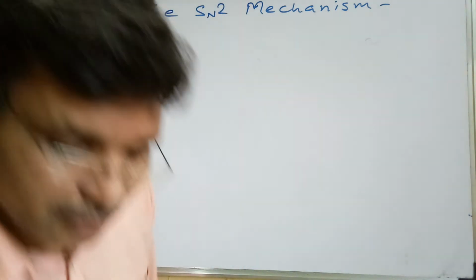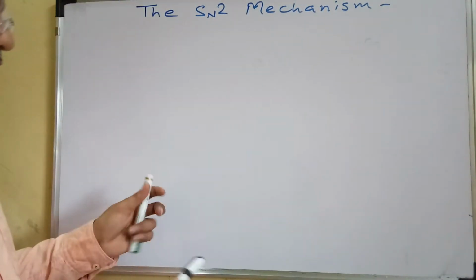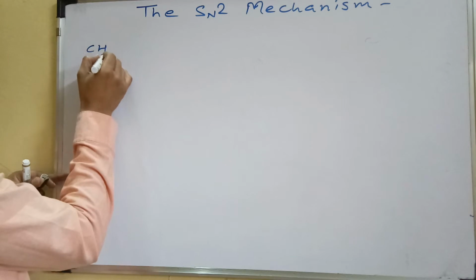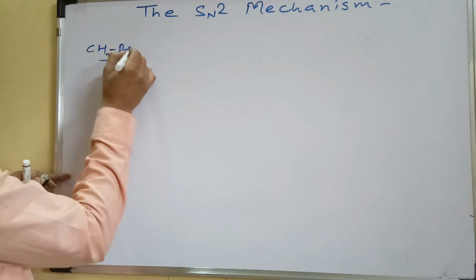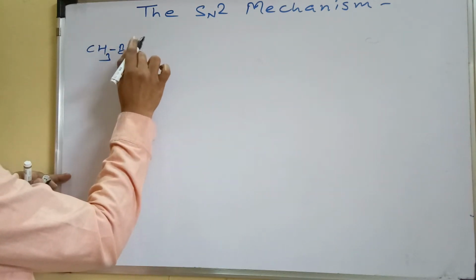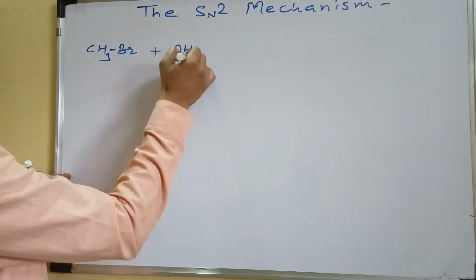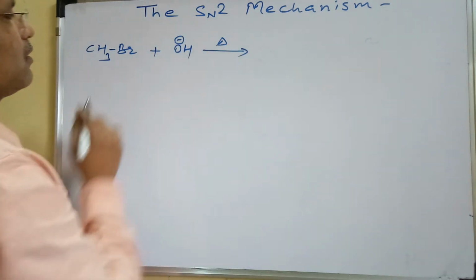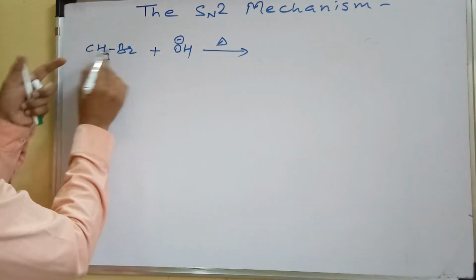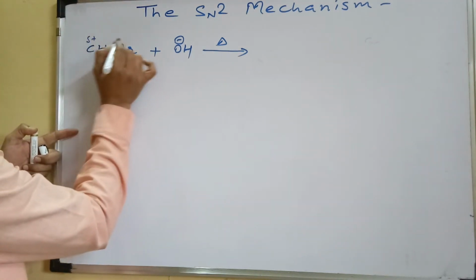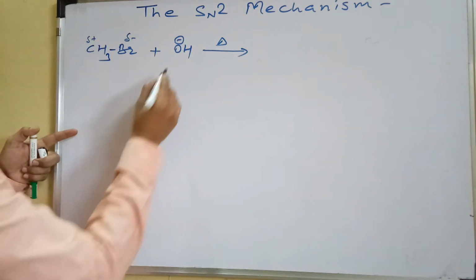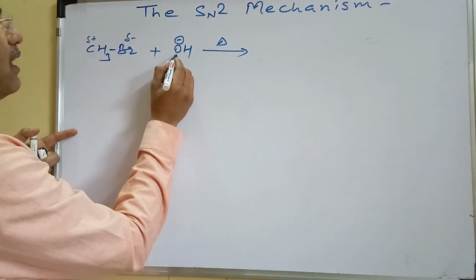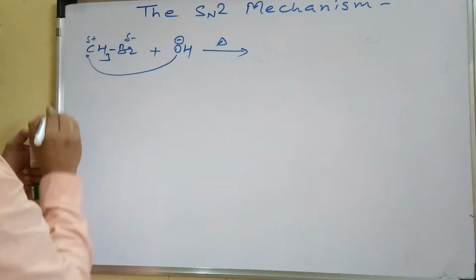See, in these reactions, we'll see the example of hydrolysis of methyl bromide. This carbon and bromine: the carbon carries a partially positive charge, bromine carries a partially negative charge, and this OH- is a strong nucleophile which attacks this partially positive carbon.